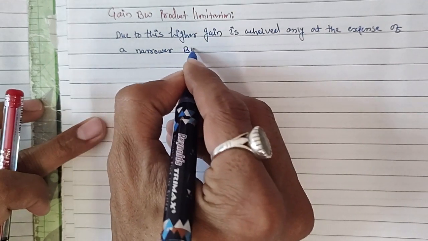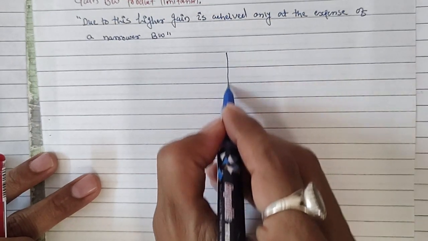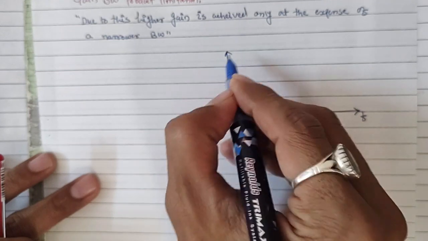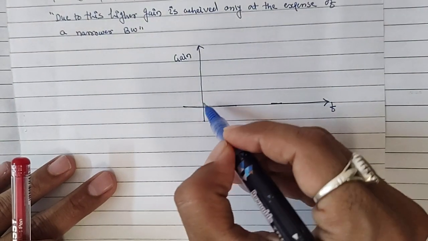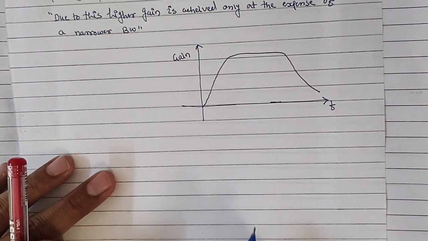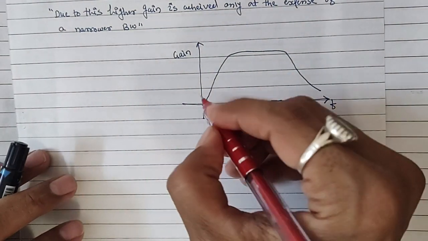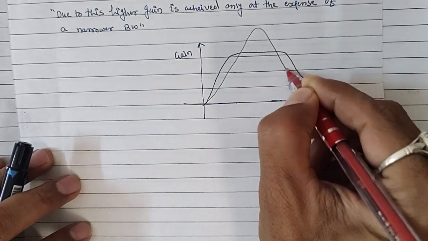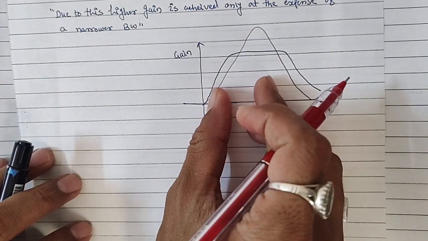Narrower bandwidth. So the meaning of this is that if you have a frequency response of a tube, gain over a frequency, and if you have response something like this, if you wanted to increase the gain, you can always increase the gain, but you have to compromise for bandwidth. So gain would be increased, but bandwidth would be smaller.